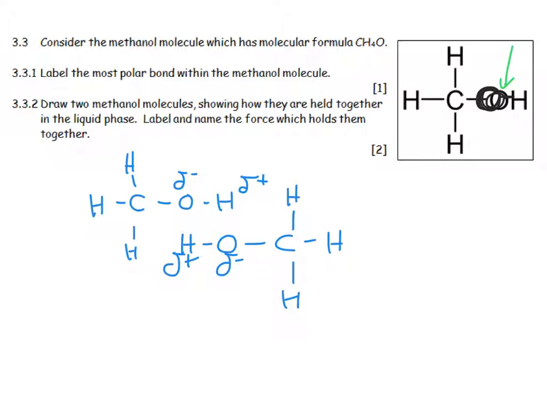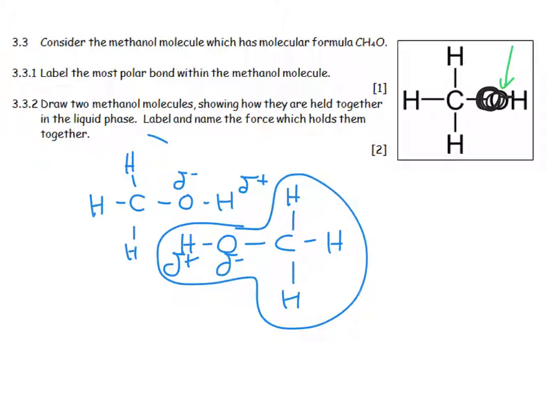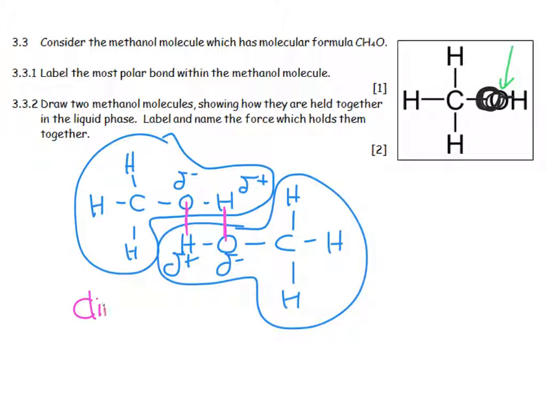So they're going to pack together like that. Here's the one molecule. Here's the other molecule. And what holds them together is this dipole here would be attracted to this dipole over here. So it is a dipole-dipole force.